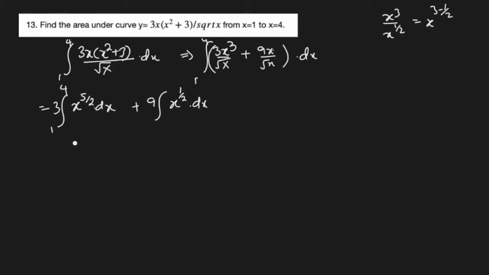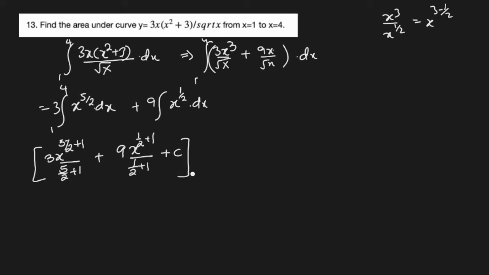So now we can integrate. It will be 3 times x to the power 5 over 2 plus 1, over 5 over 2 plus 1, plus 9 times x to the power 1 over 2 plus 1, over 1 over 2 plus 1, plus c, from 1 to 4.